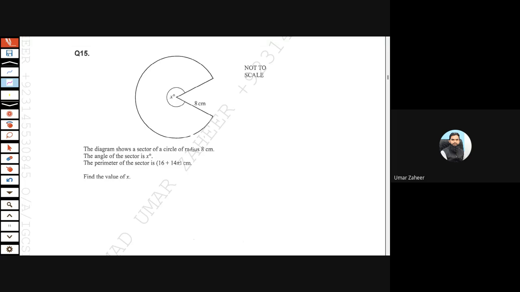So the given information is the value of the perimeter. The perimeter of the shape is equal to 2 times 8, meaning this radius and this radius, plus the arc length. Is everyone clear?